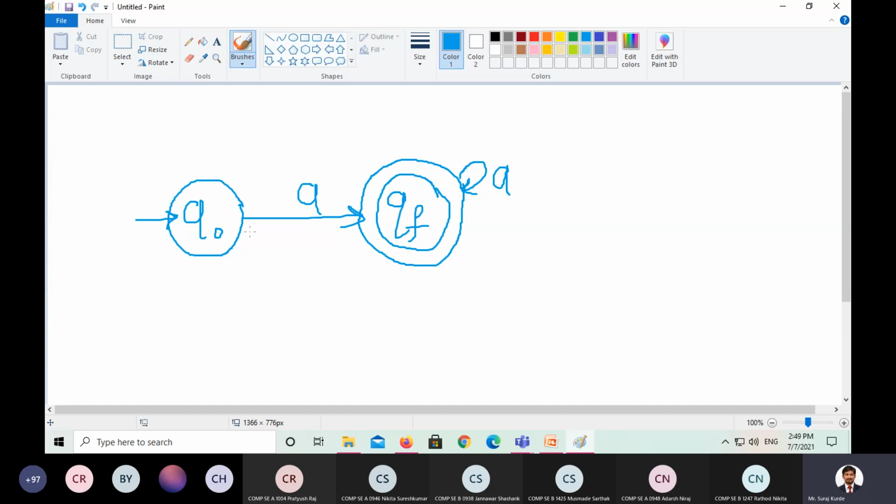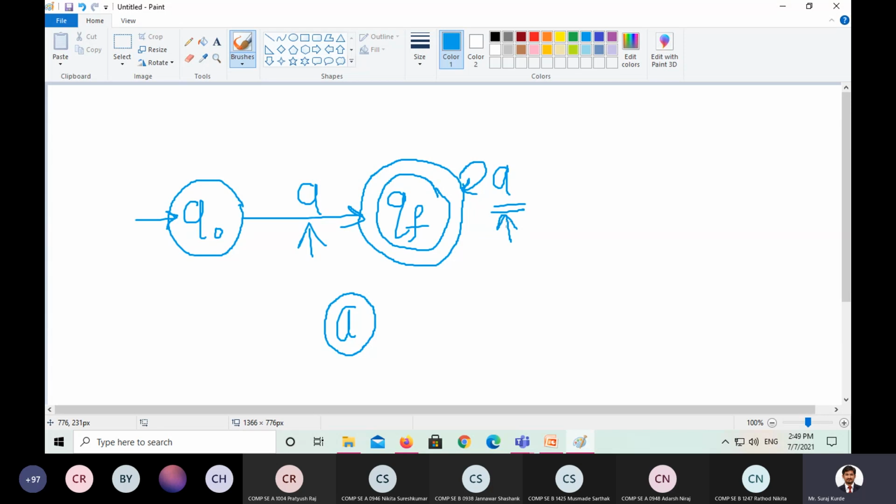So to reach the final state from the initial state, what is the required input? A. The required input is a minimum of 1 time A. On reaching the final state, that is QF, it can accept any number of A. It will not change its state from QF to any other state.